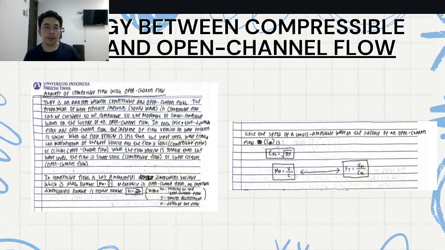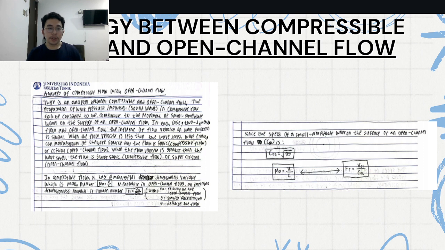When the flow velocity is less than the wave speed, wave fronts can move upstream of the wave source and the flow is subsonic, which is compressible flow, or subcritical, which is open channel flow. When the flow velocity is greater than the wave speed, the flow is supersonic, which is the compressible flow part, or supercritical, which is the open channel flow part.